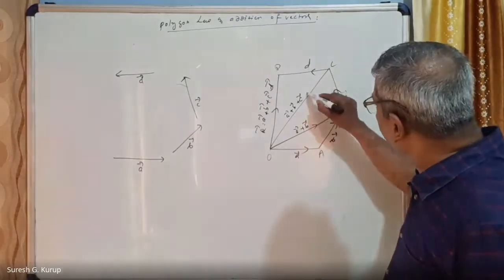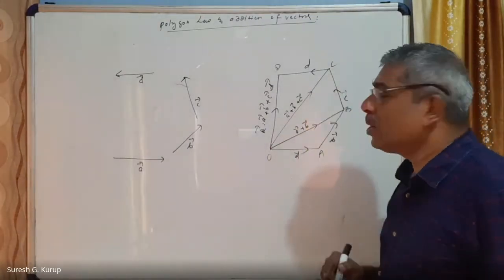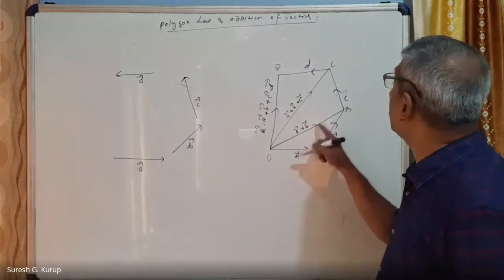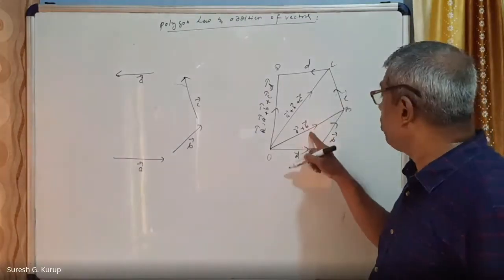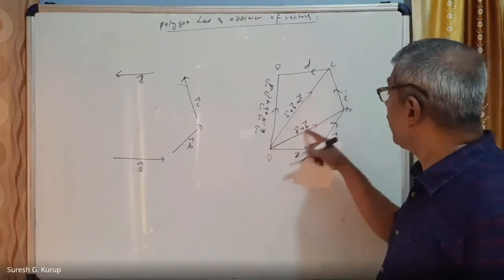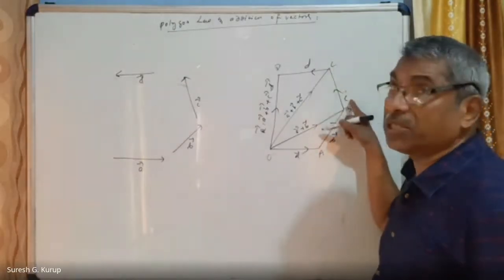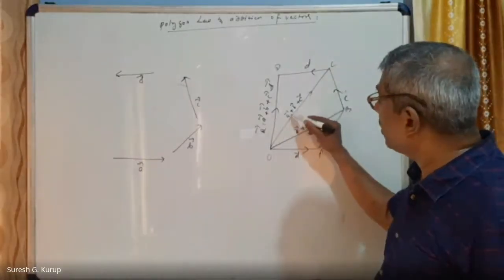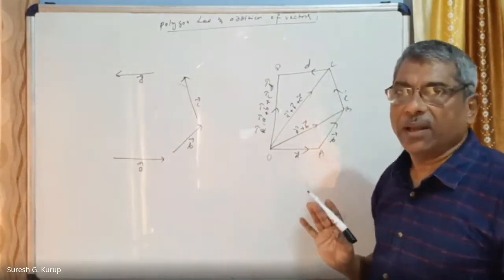And the third side taken in the reversed order, which is OC, will be the resultant of these two vectors. So by the triangle law of addition of vectors, vector OB plus vector BC is equal to vector OC. What is vector OB? That is equal to A plus B. What is vector BC? That is equal to C. Therefore, vector OC will be equal to vector A plus vector B plus C also we can write.